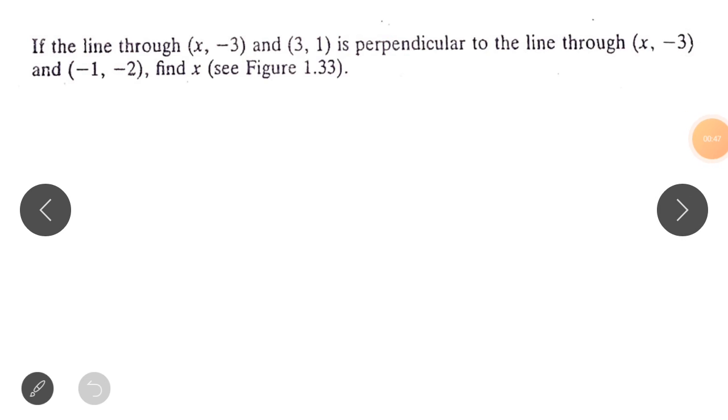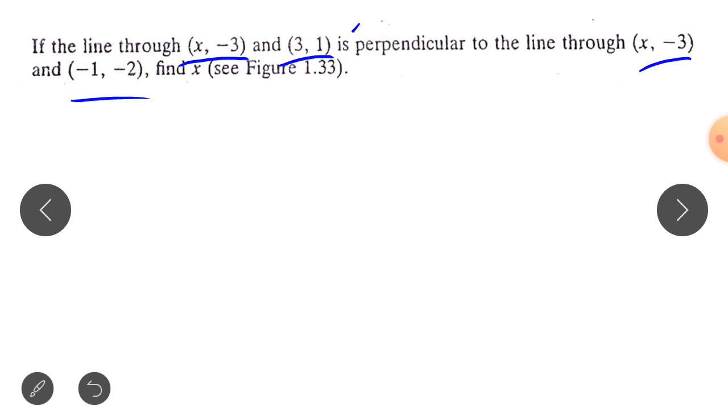So it says here that if the line through (x, -3) and (3, 1) is perpendicular to the line through (x, -3) and (-1, -2), we have to find x.